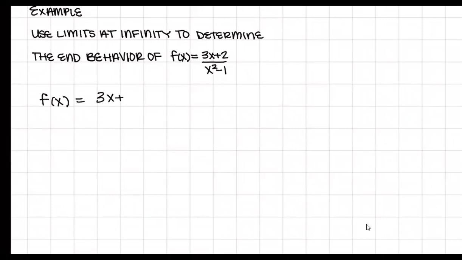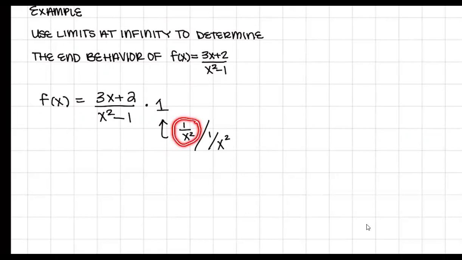So 3x plus 2 times 1. And in this case, I want my 1 to be 1 divided by x squared divided by 1 divided by x squared. And it's maybe not easy to see, but you can imagine that we've got one thing on top divided by itself. That's going to equal 1. So I'm more than welcome to do just that.